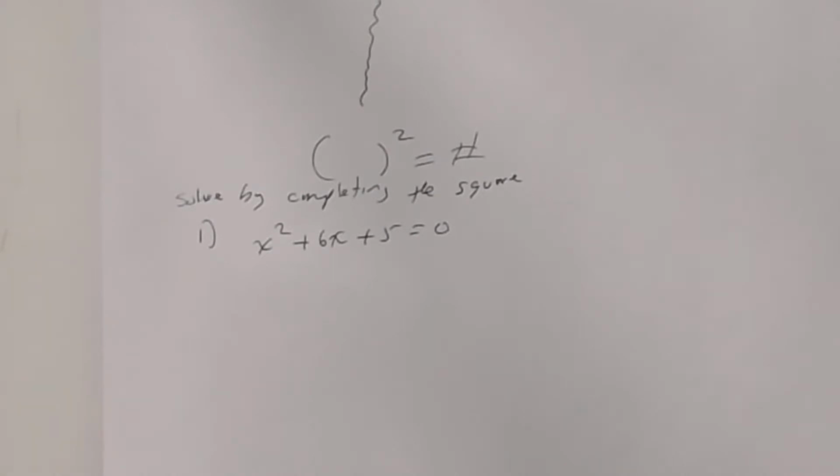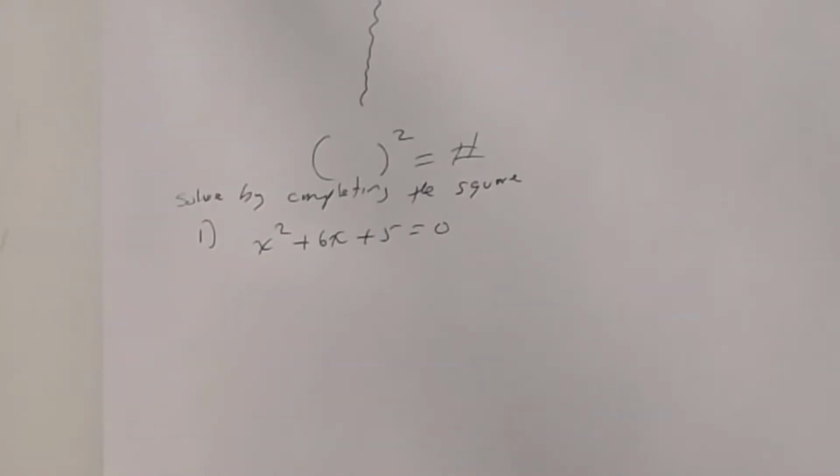The direction says solve by what? By completing the square. So I gave you a simple example first, so you know that at the end, you better have what solutions? x plus 5 equals 0, you get x to be negative 5 as a solution, and there would be a negative 1. So hopefully we'll get that.